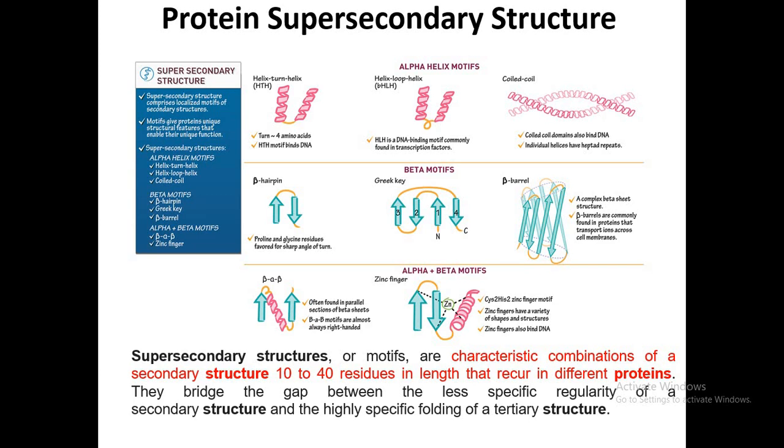After that we will be studying the quaternary structure. Here we are studying the super secondary structure of protein. The super secondary structure is the structure formed after the connection of two or more secondary structures, or secondary structure motifs.